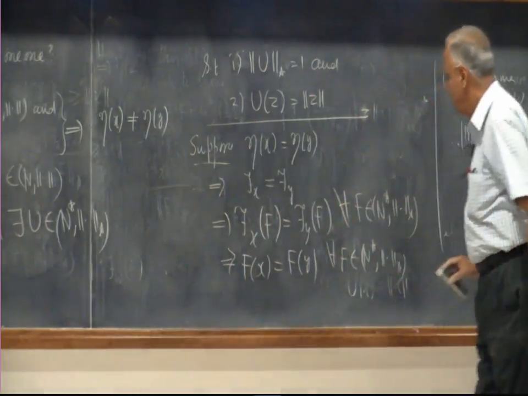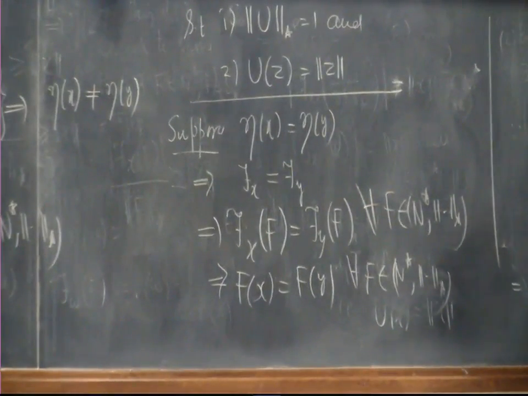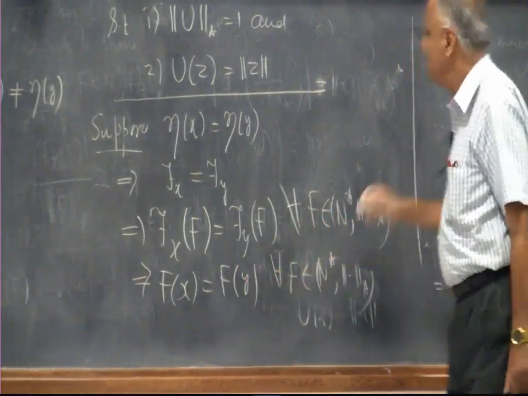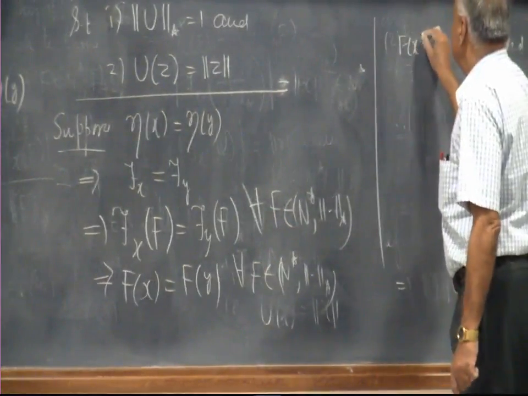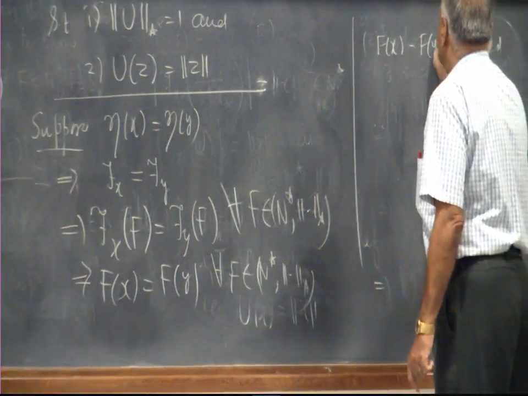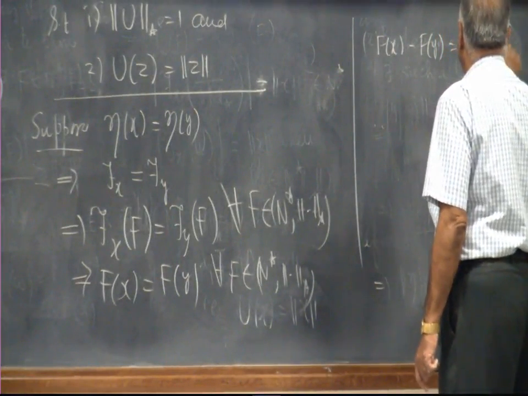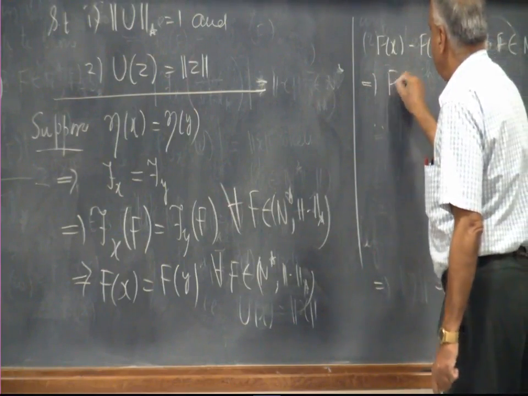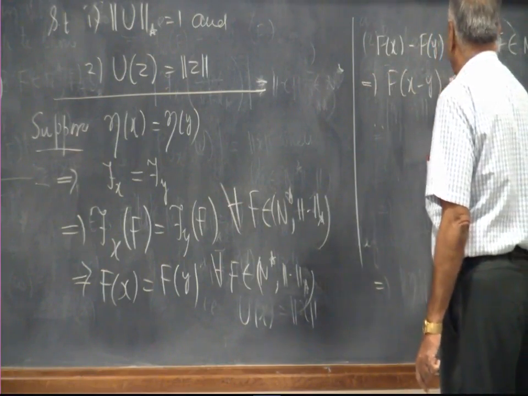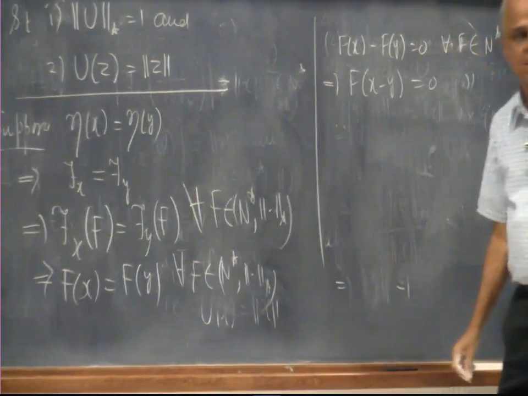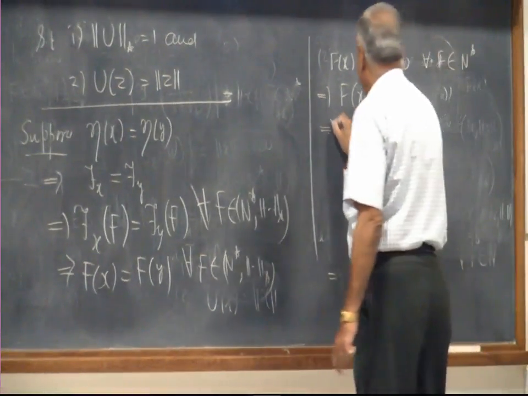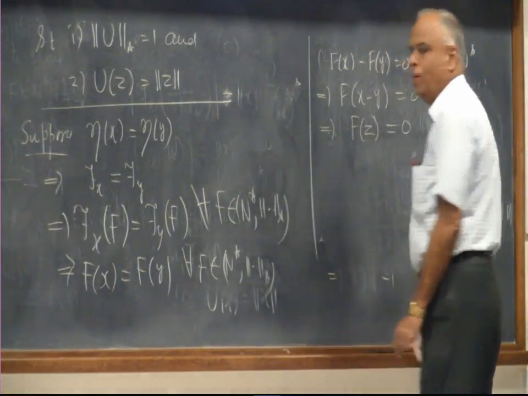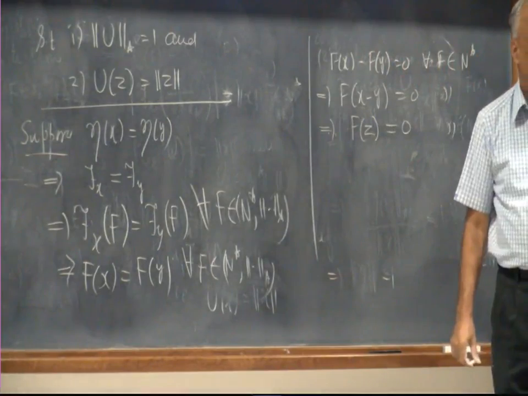Now this is a very important thing. f is linear. So that says f of x minus f of y is 0 for every f, but f is linear, so it's f of x minus y is 0 for every f in N star. That says f of z is 0 for every f, right?